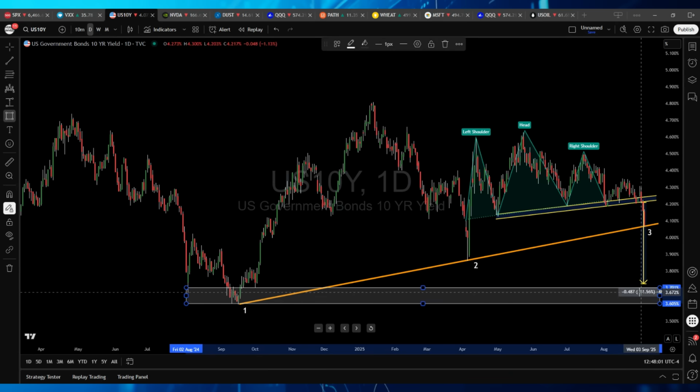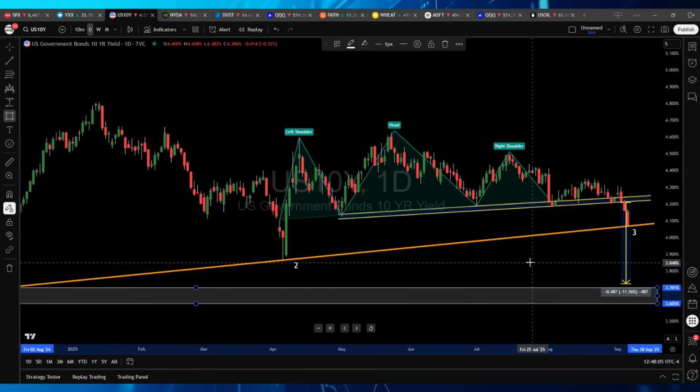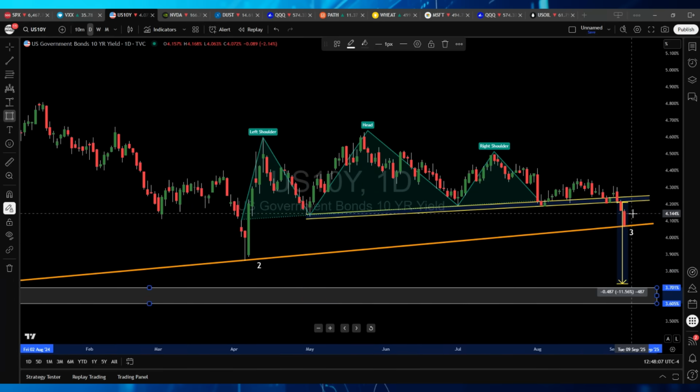And that would be your midterm zone of technical support. So again, near term, expecting a little bounce. Third hit of a trend line generally does not break, so we expect a bounce. But then the next leg down, a potential breakdown to the target of the head and shoulders at around 3.72%.